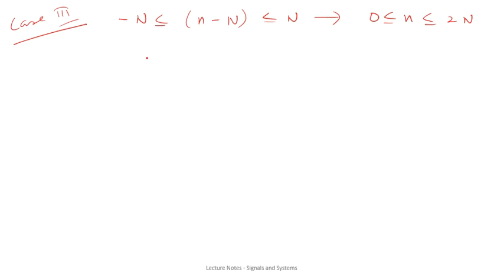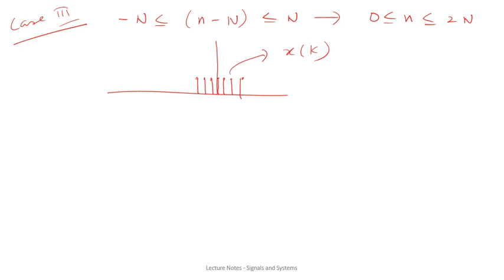Okay, so now again you have to draw the signals. Obviously x[k] will remain same because there is no change in x[k], so this will be the x[k].